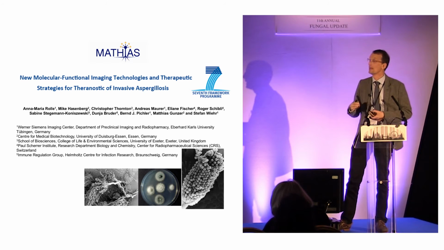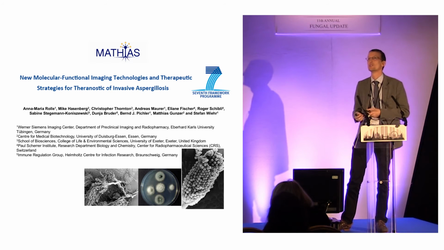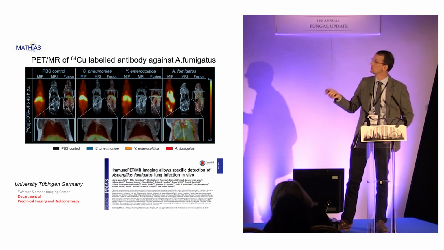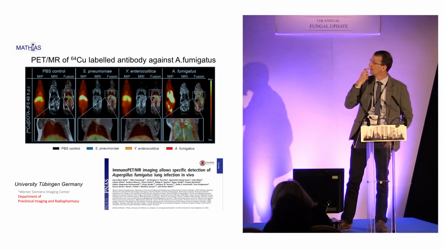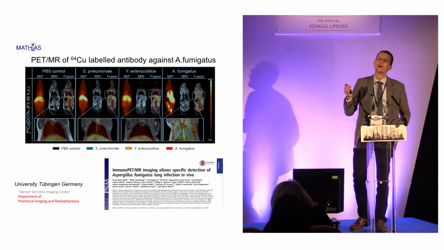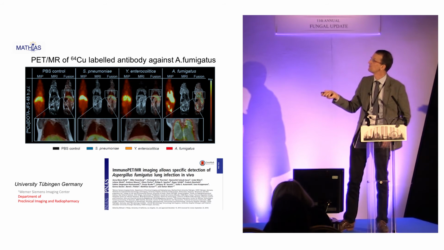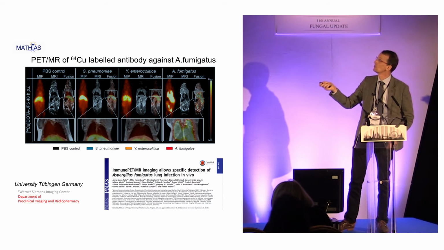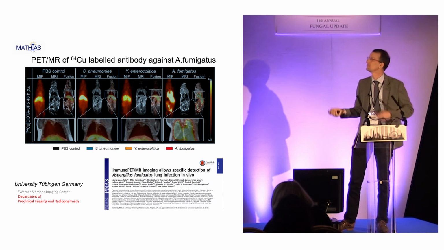What they did is they labeled it with copper-64, which is also a PET radionuclide with a half-life of 12 hours. And they recently published this paper in PNAS, where they, for example, could show that with this radio-labeled antibody they are pretty specific. Again, in the pulmonary aspergillosis model in the rat, they used a combination of PET and MR for imaging.